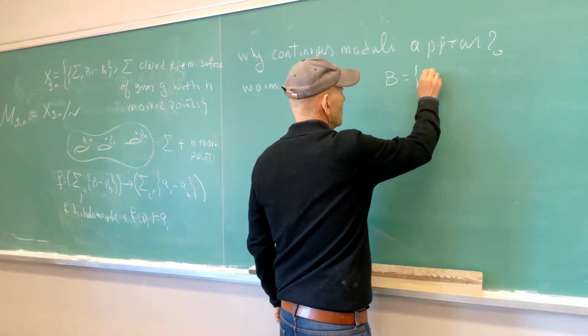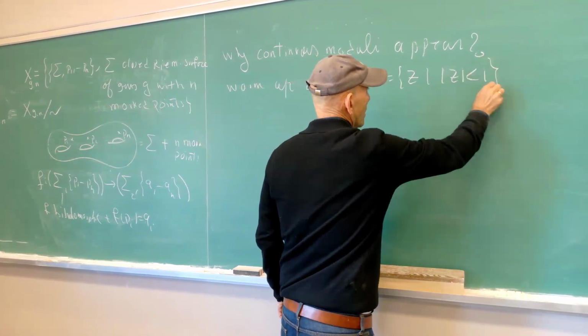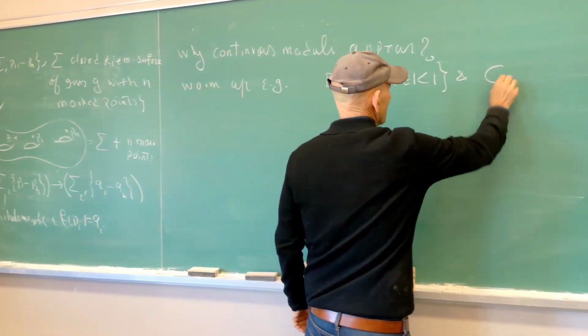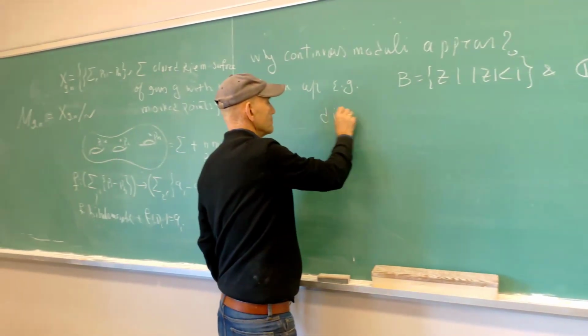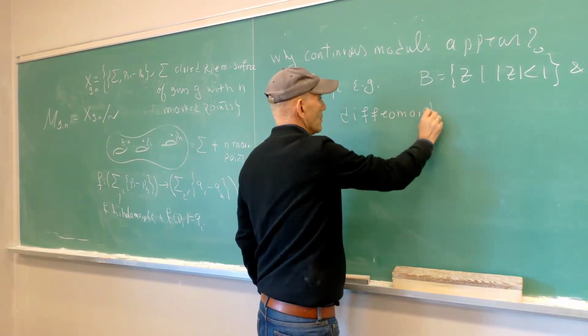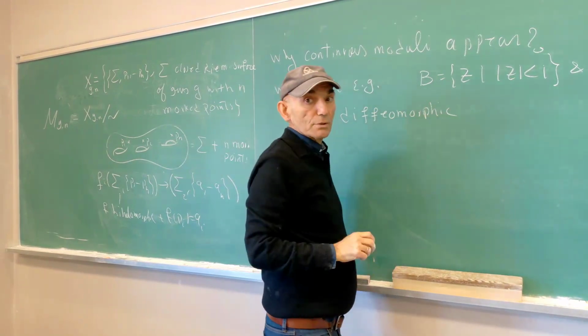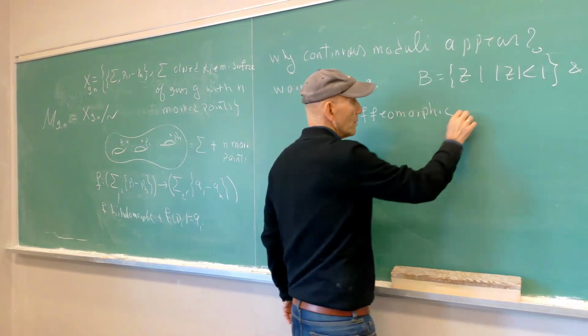The set of z such that the absolute value of z is less than 1, and C, are diffeomorphic, but not biholomorphic.